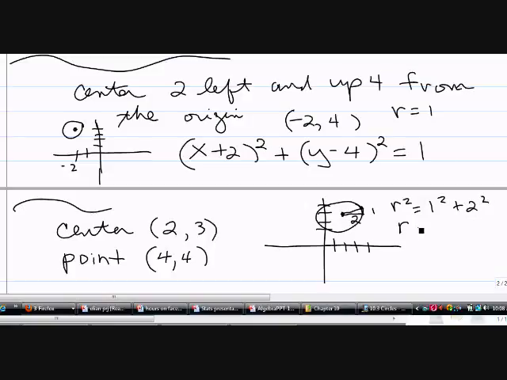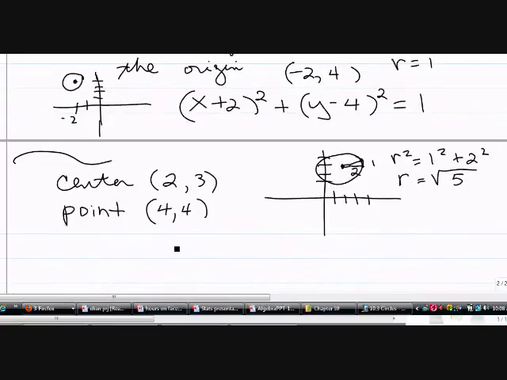So my radius is the square root of 5. So the equation of my circle is x minus h, x minus 2 squared, plus y minus k, y minus 3 squared, equals the square root of 5 squared, better known as 5.